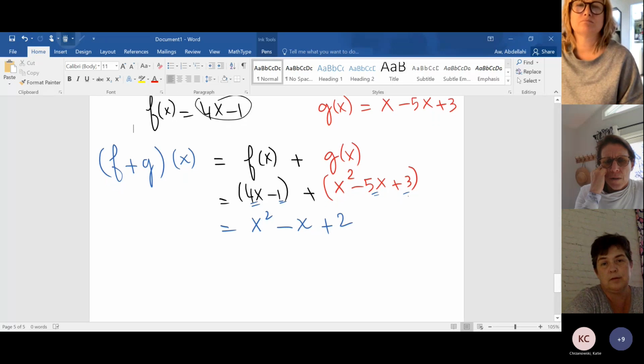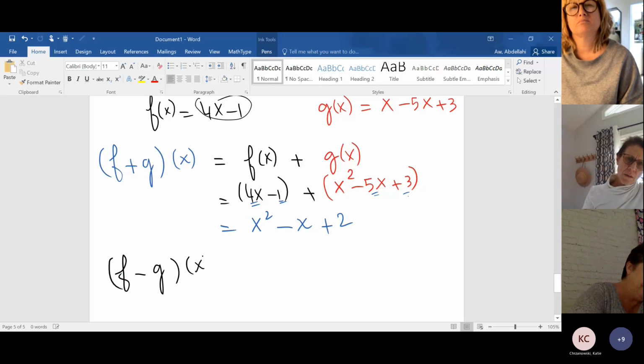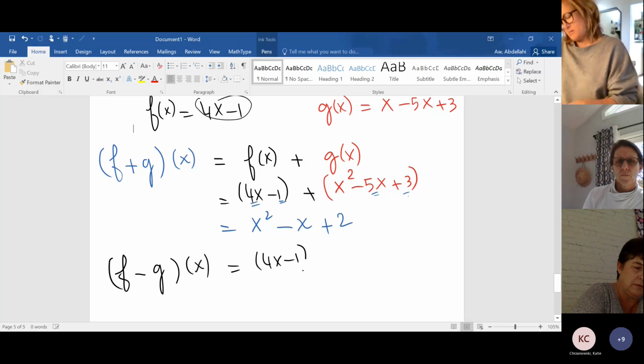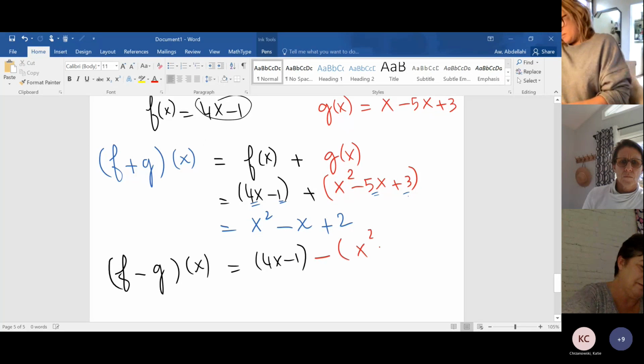Now, are we going to stop right here? If I do f minus g of x, what are you going to do? Tell me what you're going to do. So you would say 4x minus 1, minus x squared minus 5x... Exactly. It's going to be 4x minus 1 and then minus parentheses x squared minus 5x plus 3.